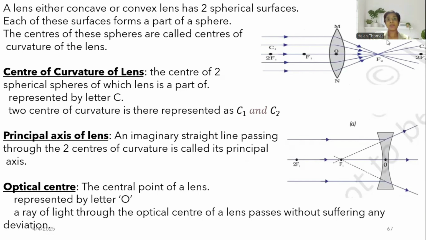The centers of the spheres are called the centers of curvature of the lens. In this lens, this is the center of curvature, and in the other surface, this is the center of curvature.